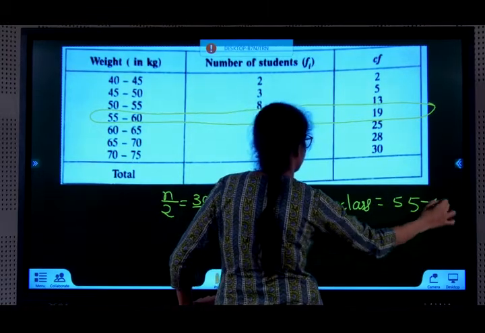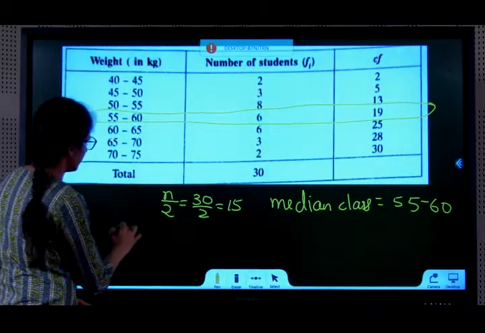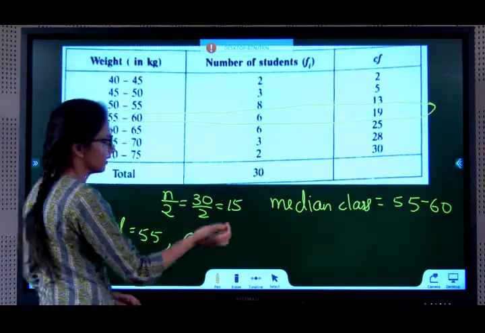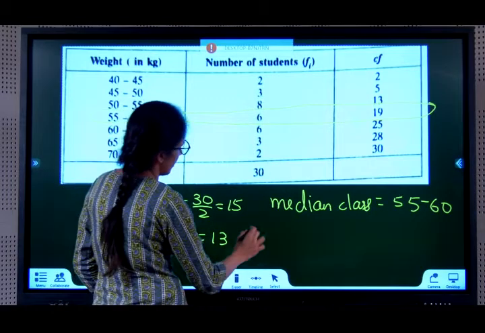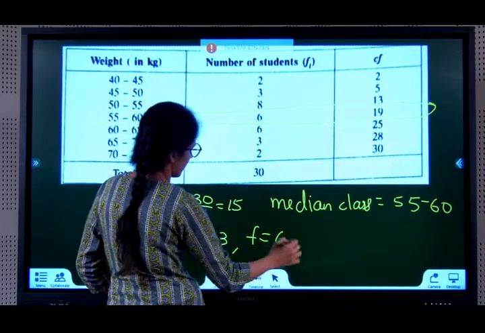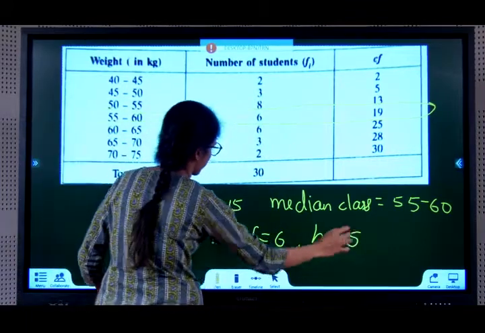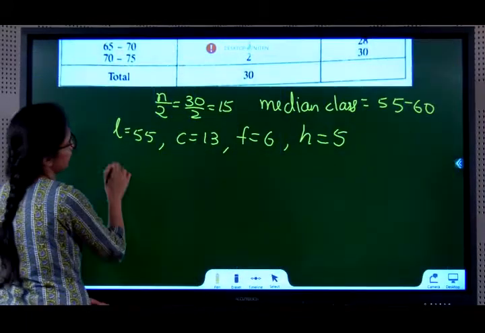55 to 60. Now L is 55, C is 13, cumulative frequency of previous class. F is 6, H is 65 minus 60, 5. Now substitute in the median formula.